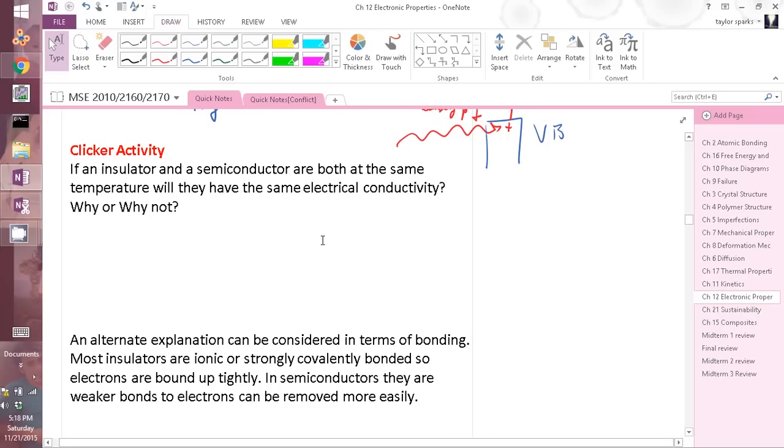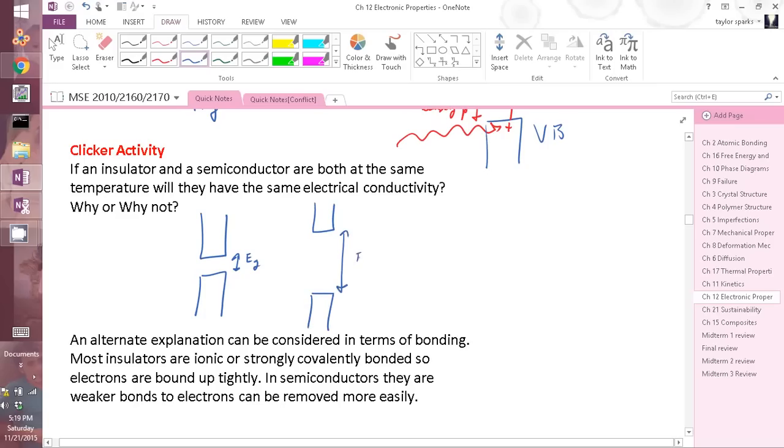So this would be a good point to check our knowledge. We've just said an insulator and a semiconductor both have band gaps. If they're at the same temperature, should they have the same electrical conductivity? Why or why not? A good way to answer this question is to recognize that a semiconductor has a small band gap, we'll call that E sub G, whereas an insulator has a large band gap, you'll remember.